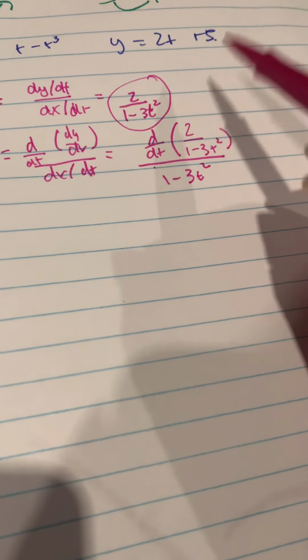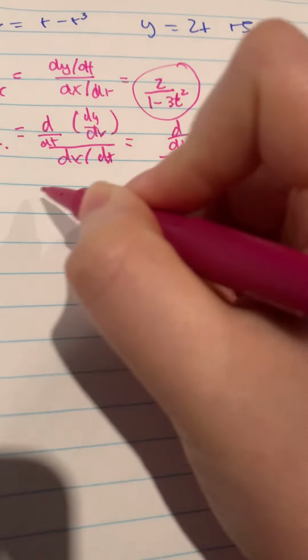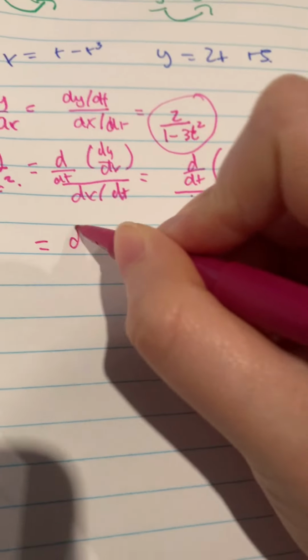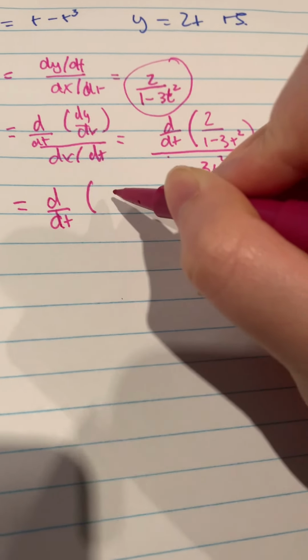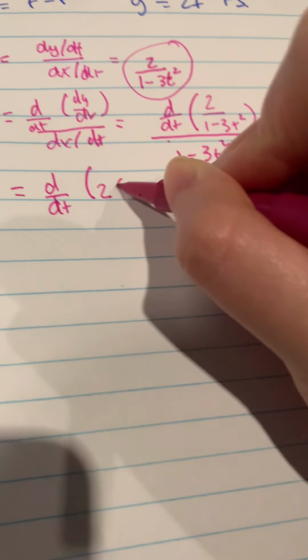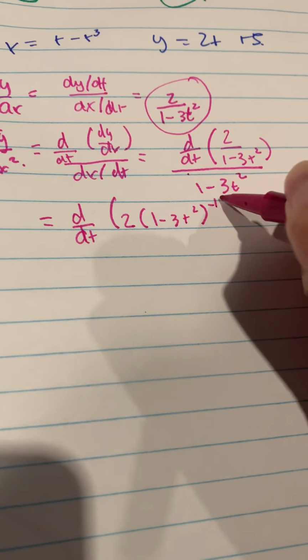Okay, let's focus on just the numerator first. I'm rewriting that here as d/dt of 2 times (1 minus t squared) to the power of negative 1.